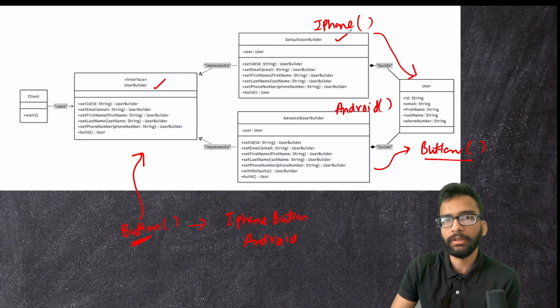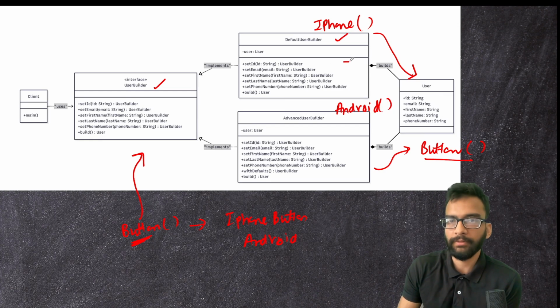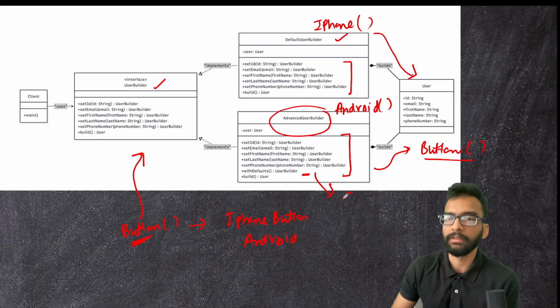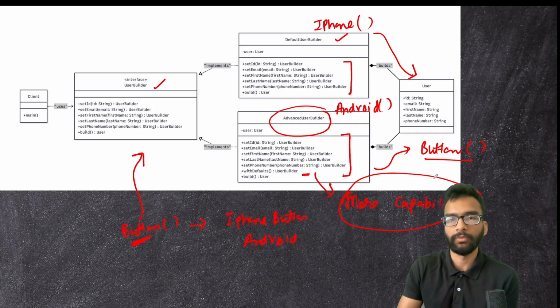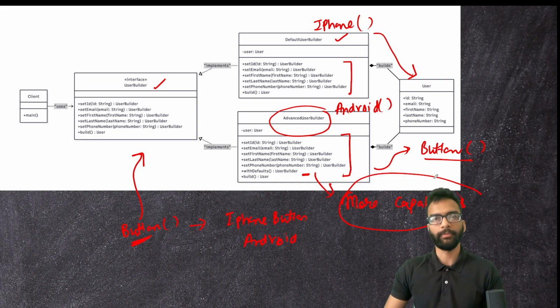One is the default user builder, in which whatever we set gets set on the user, and here we have the user advanced. What it has is the default plus an extra thing. So whatever we are setting, if we create an object of this, it adds certain more capabilities. So yeah, this is another example of the builder design pattern.